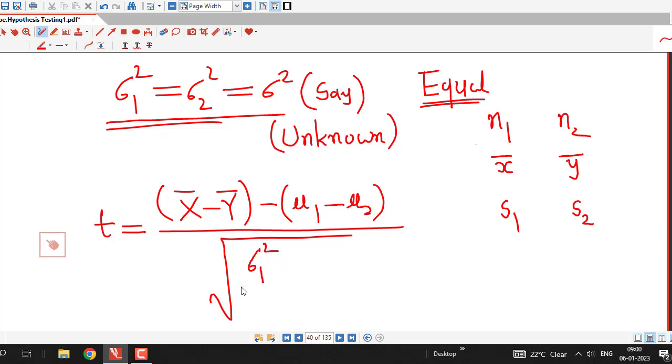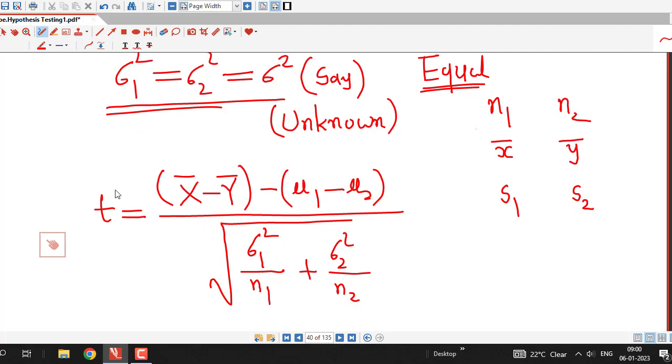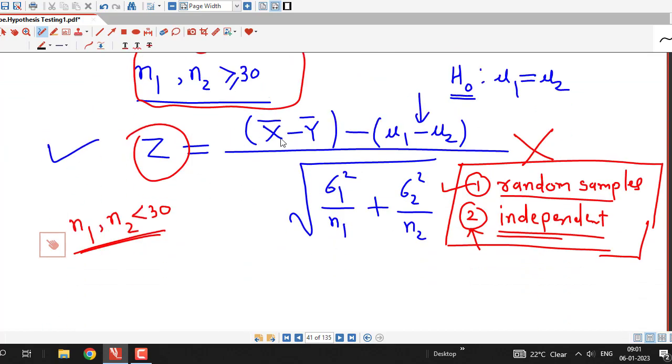Suppose we write the two sample z test, then this is the formula for the two sample z test. But we want to write the formula for the t statistic, and here I have written first the two sample z test formula, that z is given by this.